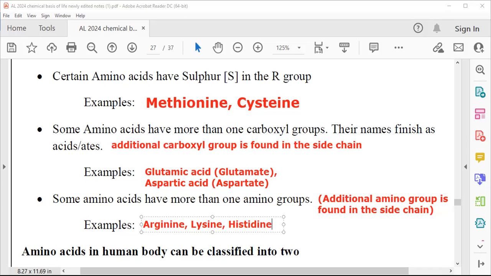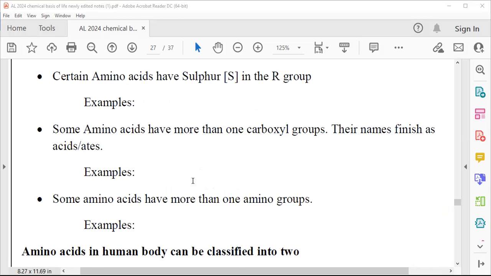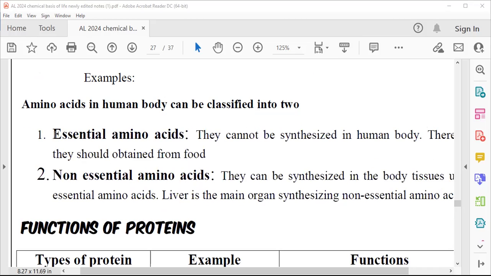So, amino acids present in the human body can be divided into two types. What are the two types of amino acids? Essential amino acids and non-essential amino acids.